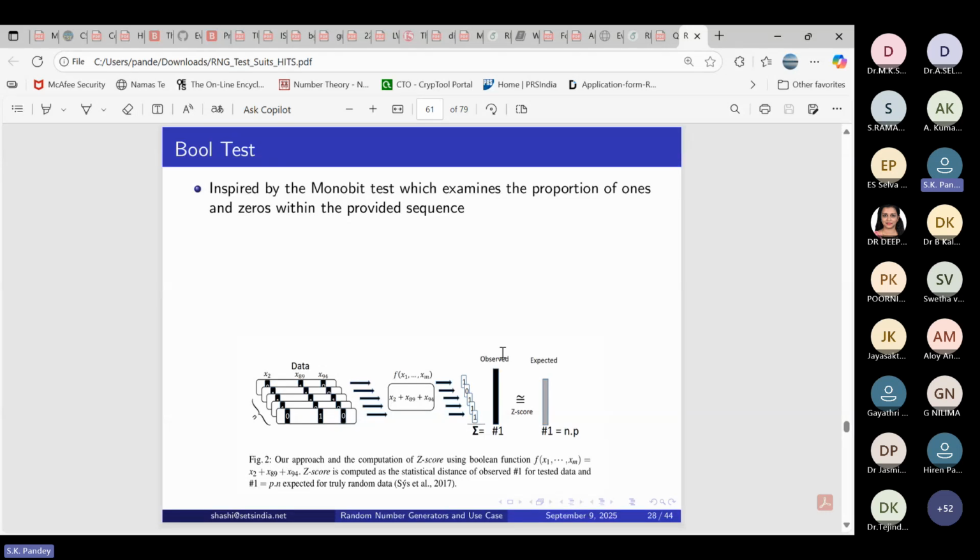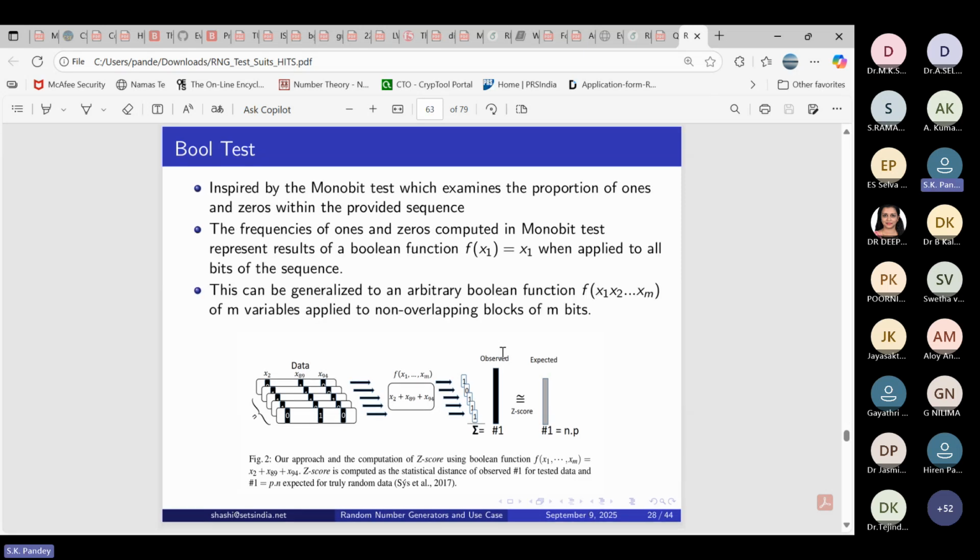So that is the second case. The monobit test is doing the same thing: a Boolean function chosen specifically, feeding the output of a random sequence to that chosen Boolean function, generating the output and observing the pattern in that. That is what is happening in the binary sequence of any random number generators.